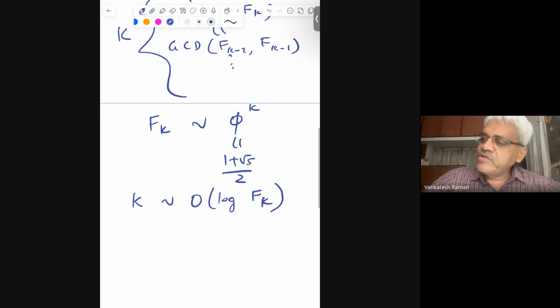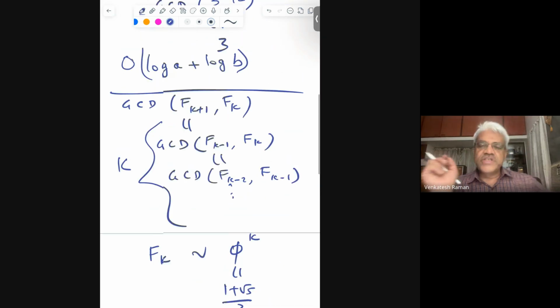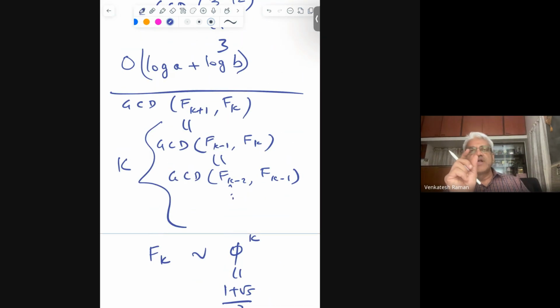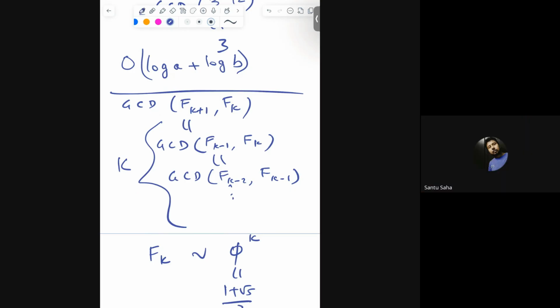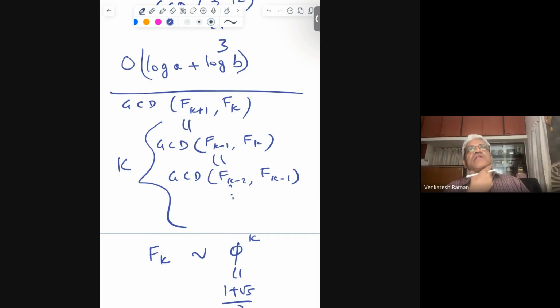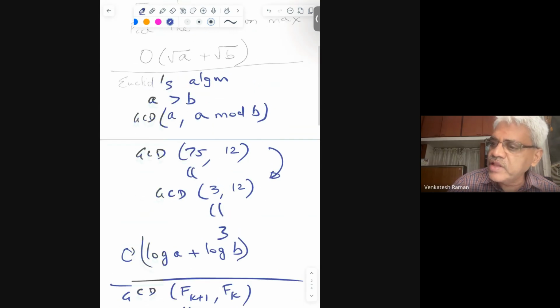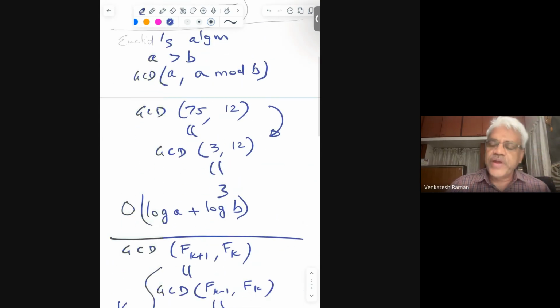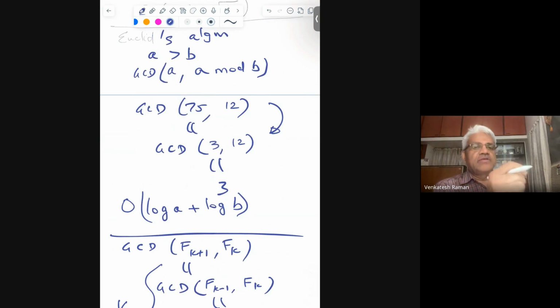So this would be the worst case, where you are looking at these consecutive numbers where there is no division happening. This is how you argue that in logarithmic time you will reach the answer. But the point is, you're right. The main message you picked up is about starting with a simple algorithm and then getting to a more complicated algorithm.